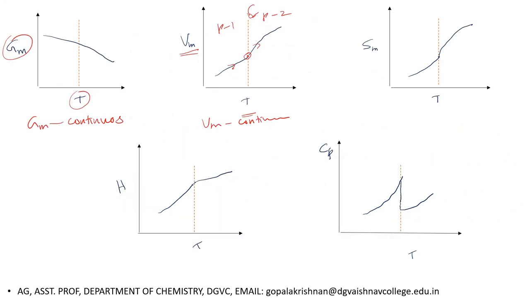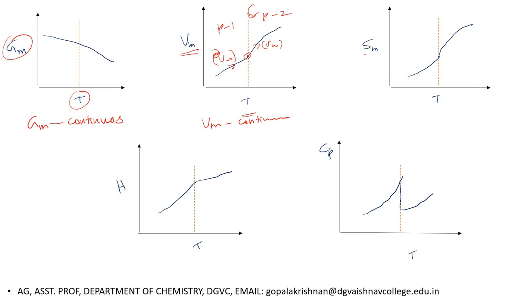Therefore at this point, ∂G/∂P, that is the slope, is nothing but the molar volume in phase 1, and this is the molar volume in phase 2. At this point, the molar volume of the substance in phase 1 and in phase 2 are equal.